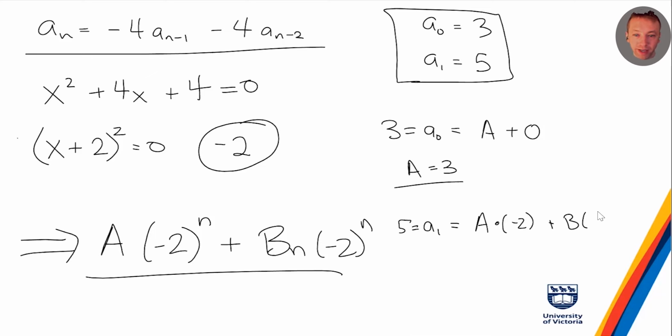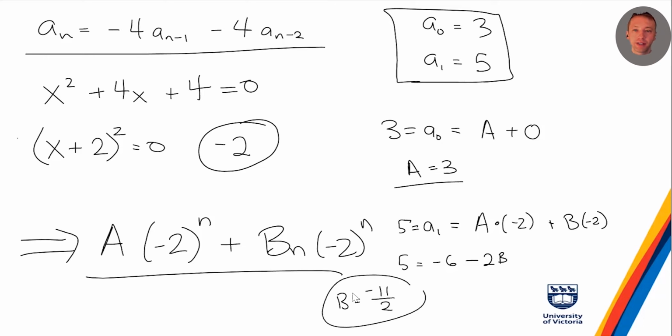So it's just B times -2. I'll plug in my A now. So 5 is equal to -6 minus 2B. So 5 plus 6 is 11, and B is -11 over 2.